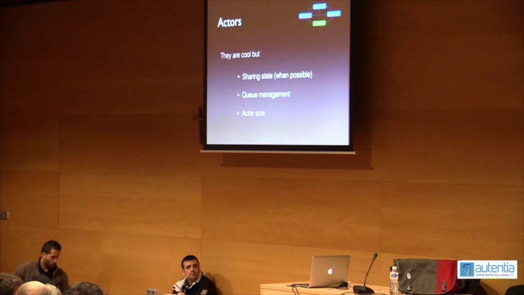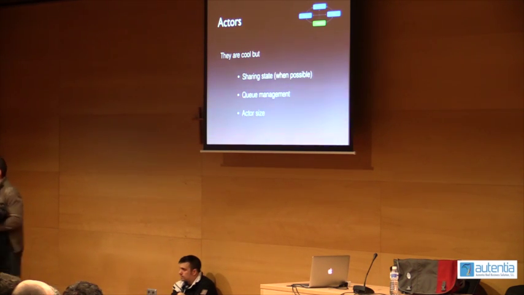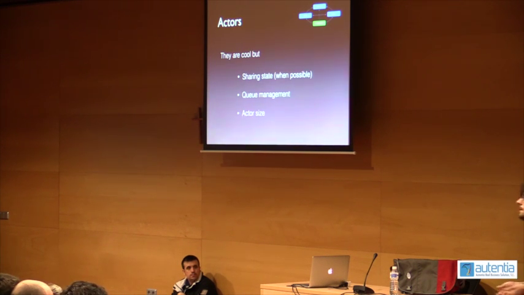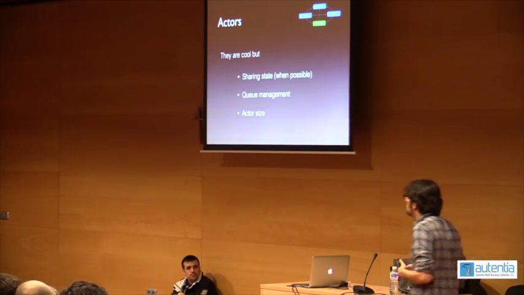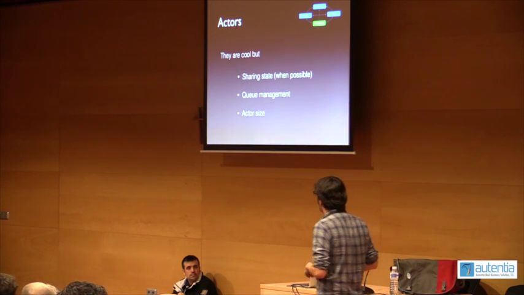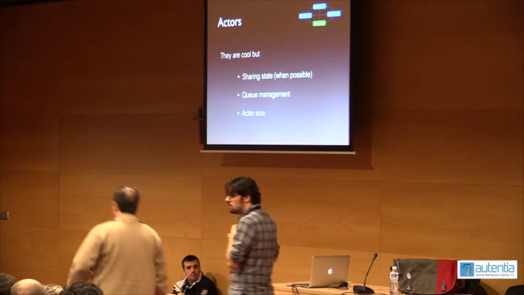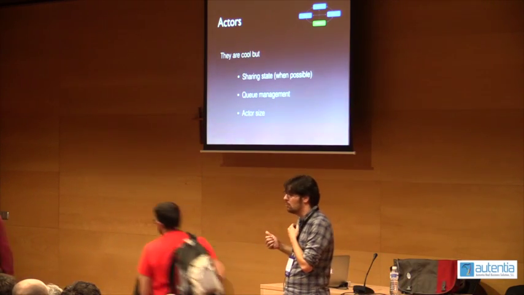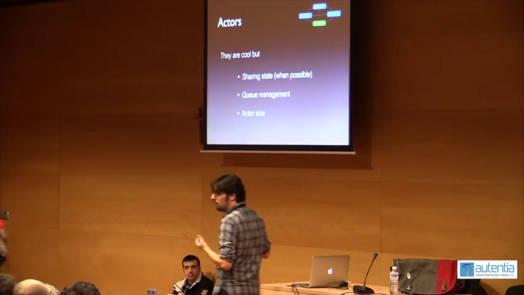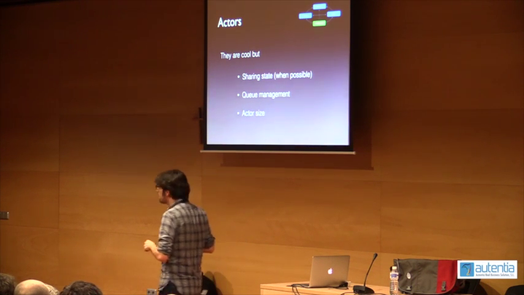Another one is queue management. The mailbox is a queue that is processed sequentially. If you block, the queue grows. Even if you don't block, that queue may grow forever. So you need to think of what you are going to do about the management. And lastly, the size of the actors is actually quite big. They are not small objects. So you have to be careful about how many of them you do.